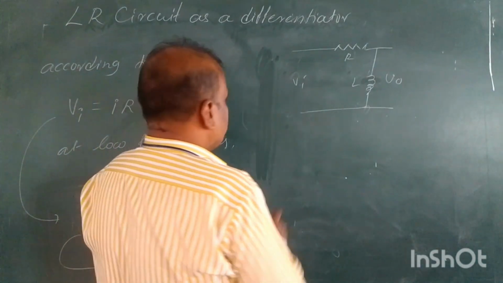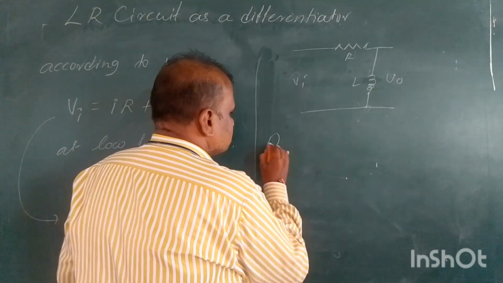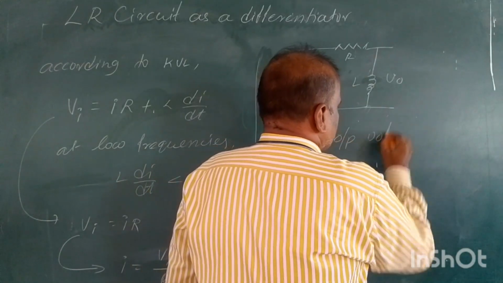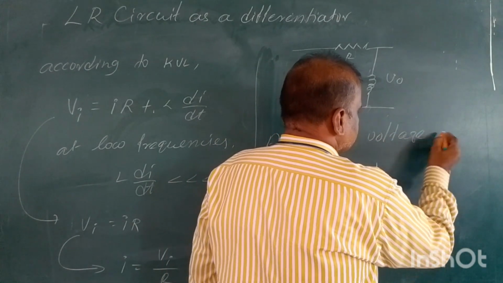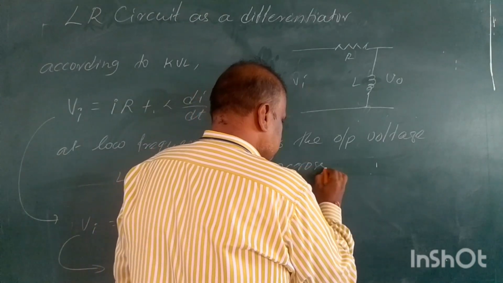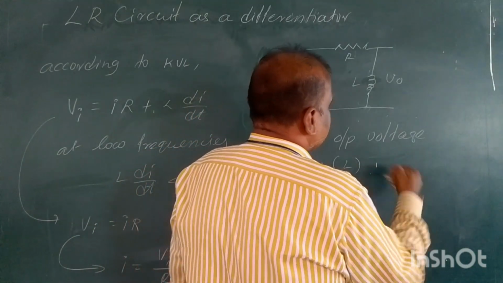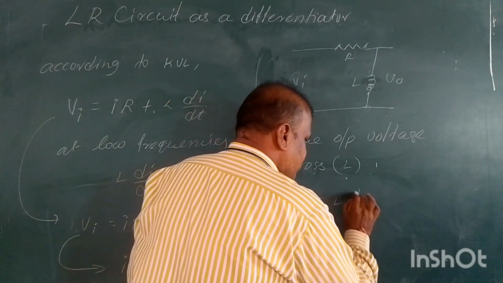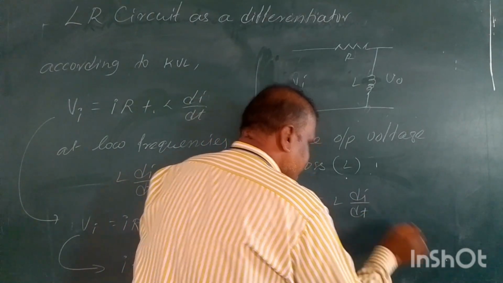But here you can see from the diagram that we are taking the output voltage across the inductor. The voltage across the inductor is L di by dt.